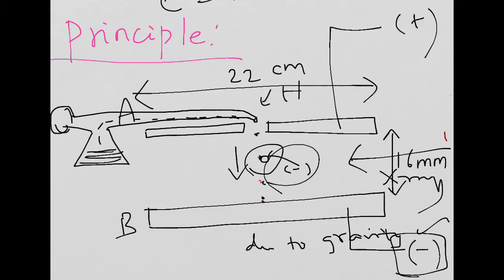How? We increase the value of this negative potential so that it repels the negatively charged oil drop and slows it down, or it can even make the oil drop move up because of repulsion, or for a particular amount of time we can make it stand in air between these two plates. This is the principle behind it.